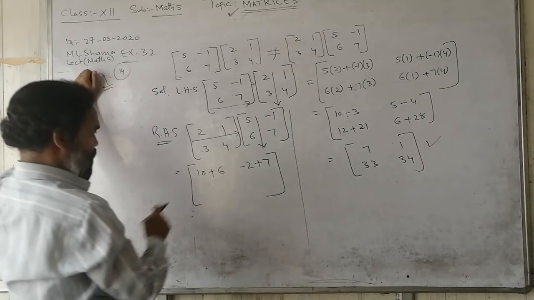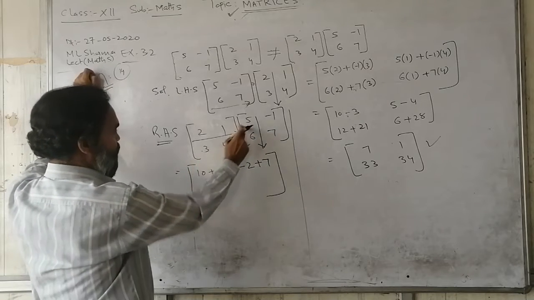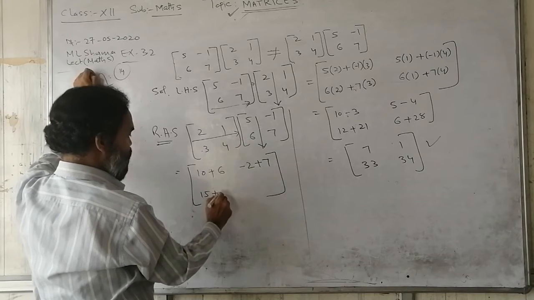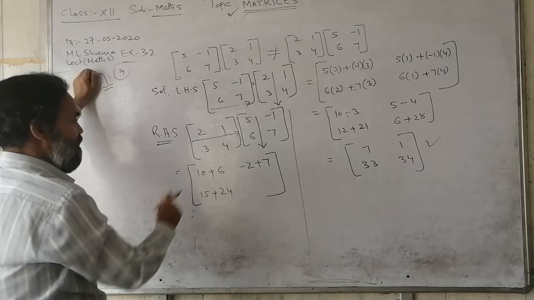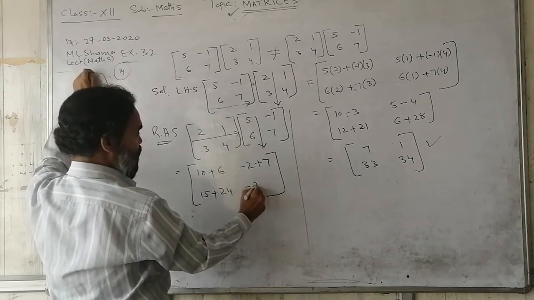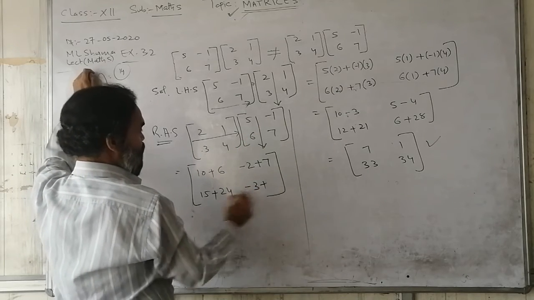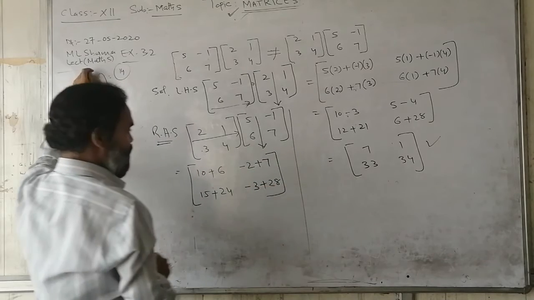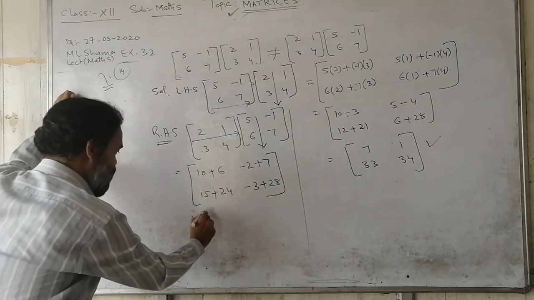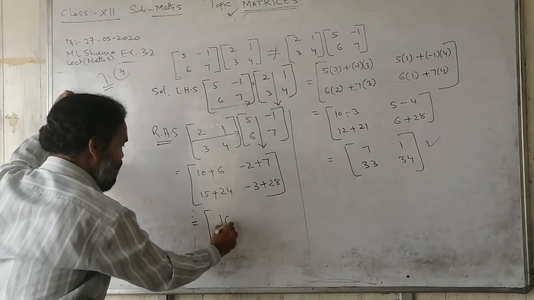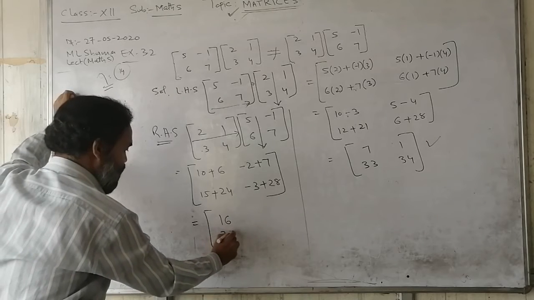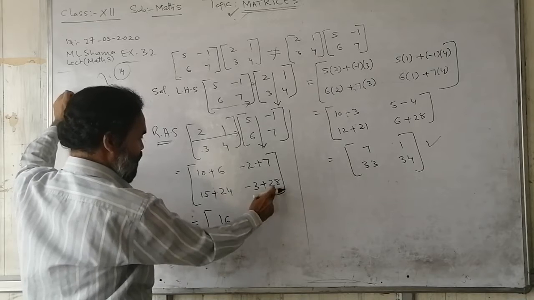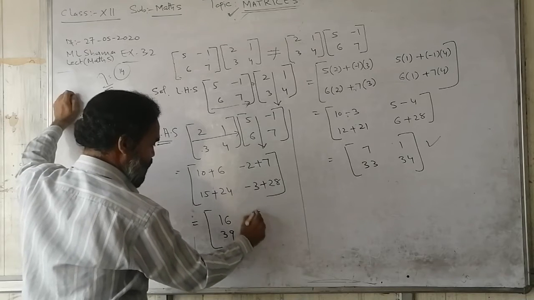And second row, 3 into 5, 15, then 4 into 6, 24, 3 multiplied by minus 1, it will be 3, then 4 into 7, 28. So this will be equal to 16 and 39 here. So 7 minus 2, 5, 28 minus 5, 25.